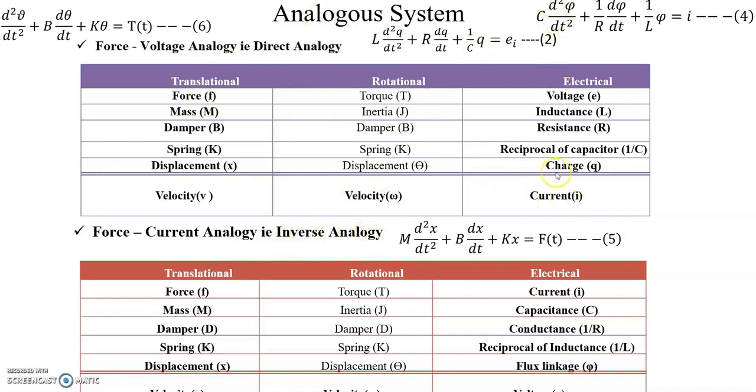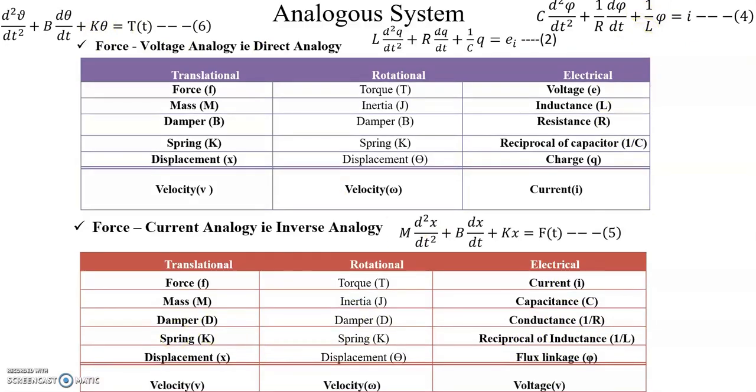First, as you already know, force F and torque T, the corresponding electrical quantity is current I. Next M, here J, here C, capacitance instead of L. Next B, here also B, here 1 by R, that is the reciprocal of resistance, the conductance. Next is a spring K, here also K, and in the electrical system the reciprocal of inductance, 1 by L.